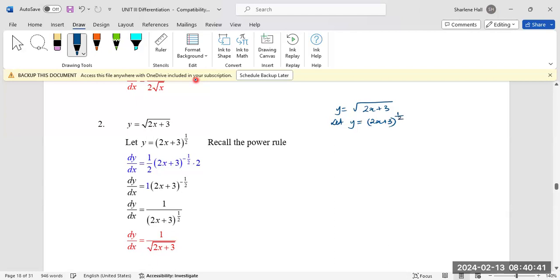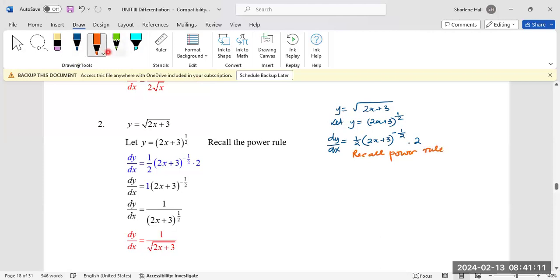Now we're going to differentiate. So dy by dx is going to be equal to a half times 2x plus 3 to the minus 1/2, because we're subtracting 1 from the power, times 2. And we call that the power rule.